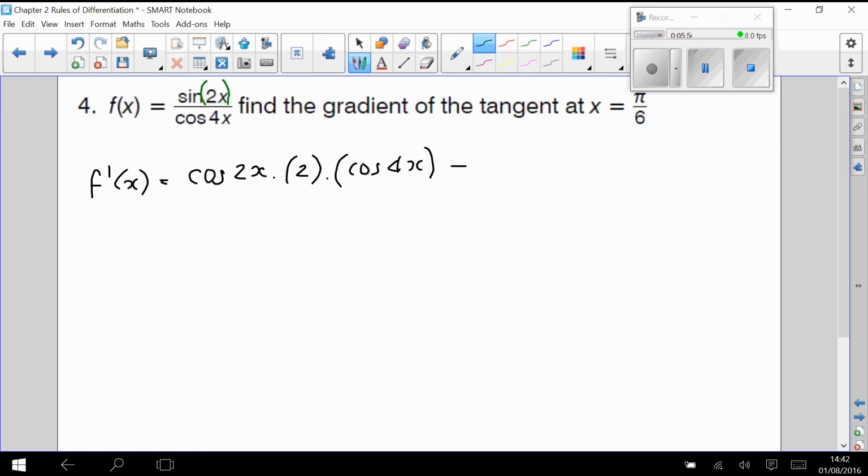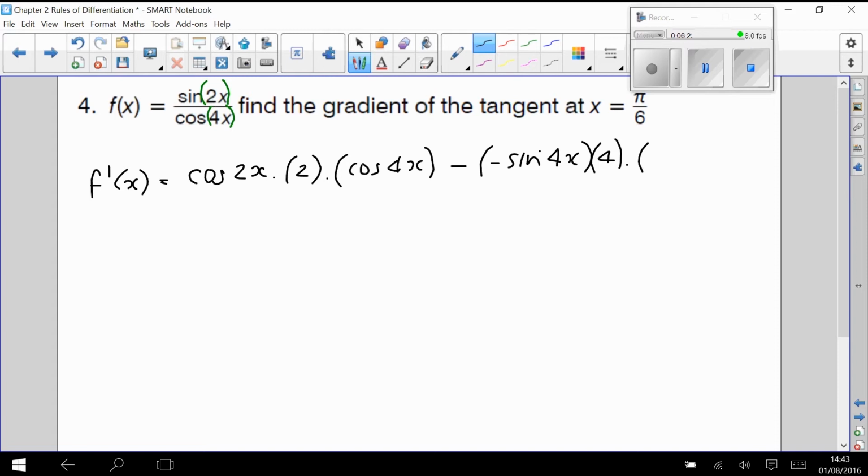Then I minus. In the second term, I take the derivative of the bottom function. Like the top function, it's also a composite function. I find the derivative of cos of x, and that's going to be minus sine of x. So I write minus sine 4x. Then I take the derivative of the inner function, 4x, and I times that by 4.